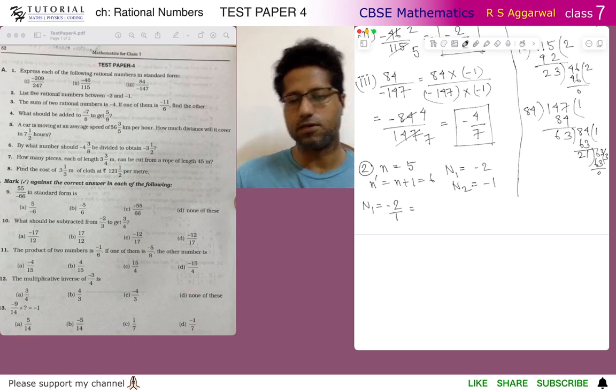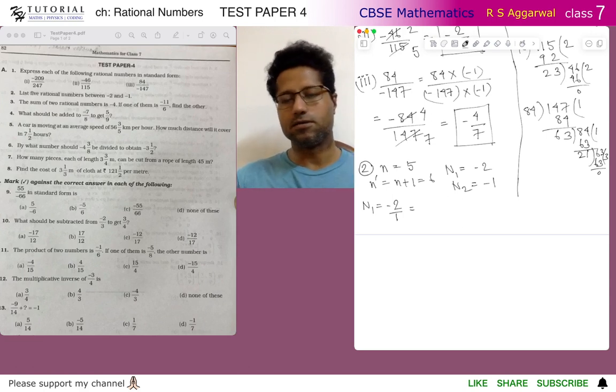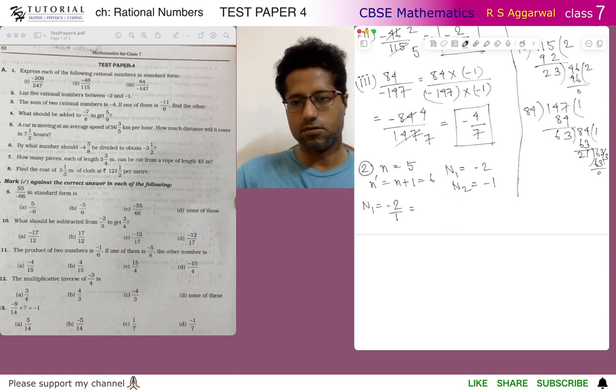I have to convert this rational number to its equivalent form so that the denominator is 6. So I multiply 2 by 6 and also 1 by 6. So this becomes minus 12 by 6.